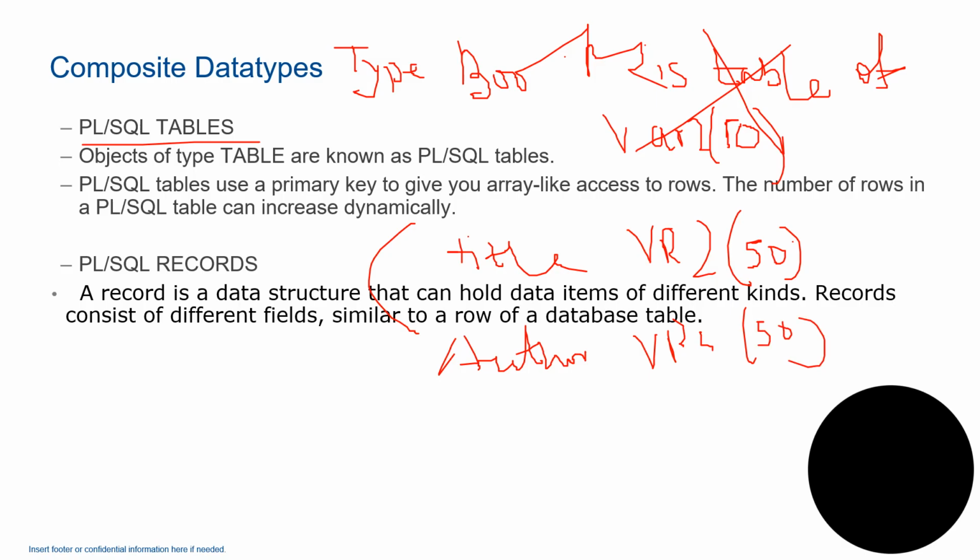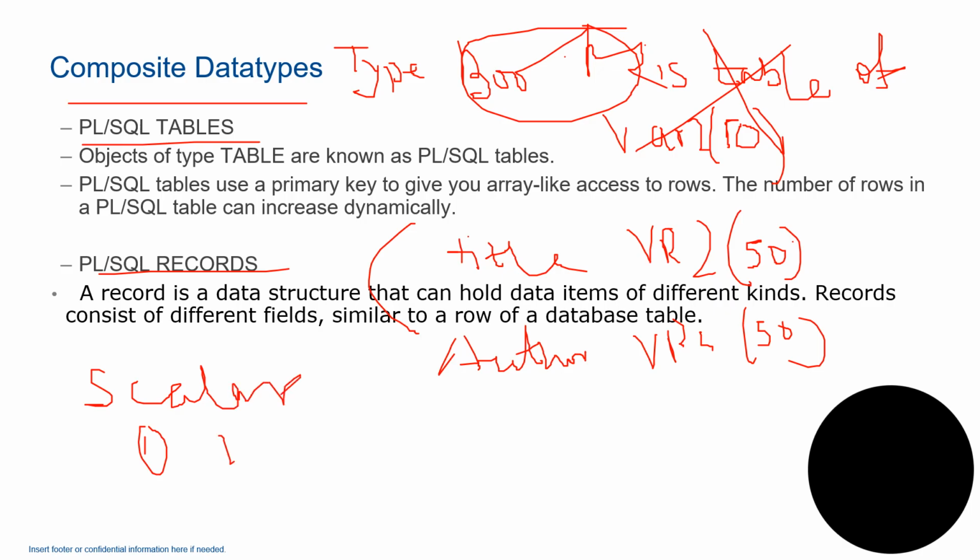So now this is a PLSQL record which has type book, and it has values like title and author. So these two will be storing values. So these are composite types, meaning we can store more than one value, whereas in scalar we can store only one value. So scalar only stores one value, and composite can store multiple values.